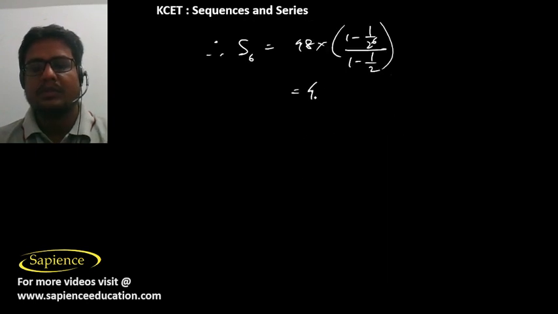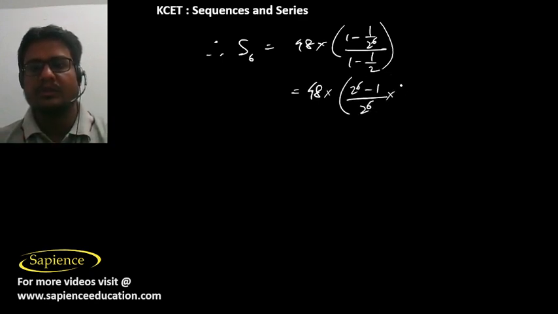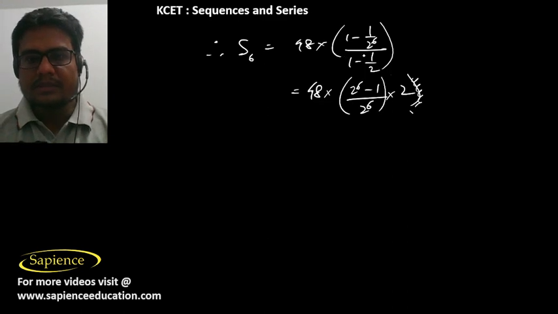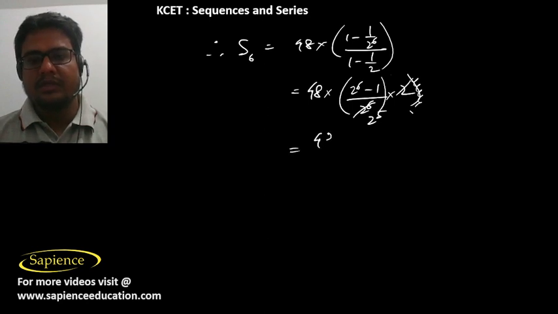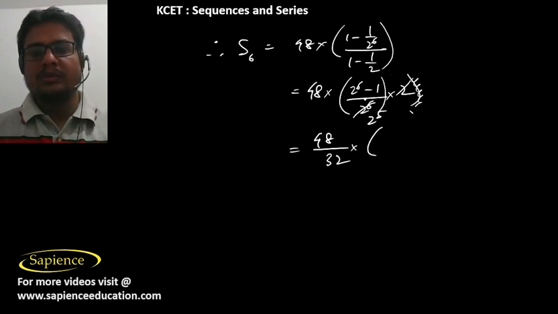So this will be 48 into 2 power 6 minus 1 by 2 power 6, into 2, since this is divided by half. So 2 power 6 will cancel, this is 2 power 5. This will be 48 by 2 power 5, that is 32, into 2 power 6 is 64 minus 1.